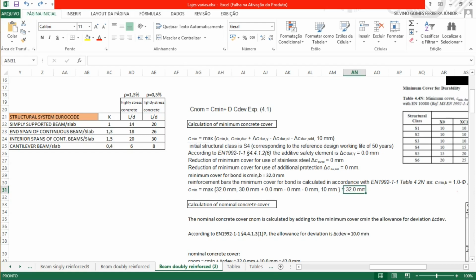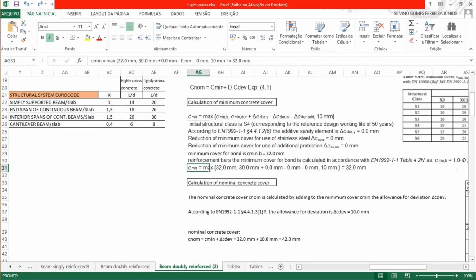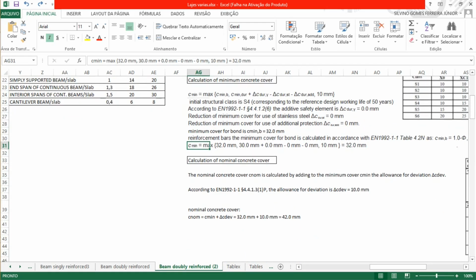The links are 8, the main rebar is 32, so logically this cover should be minimum 32 plus a deviation factor of 10 millimeters. In the calculation of the nominal cover, we can consider 10 millimeters of deviation.